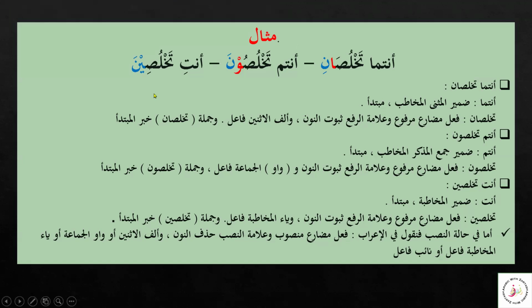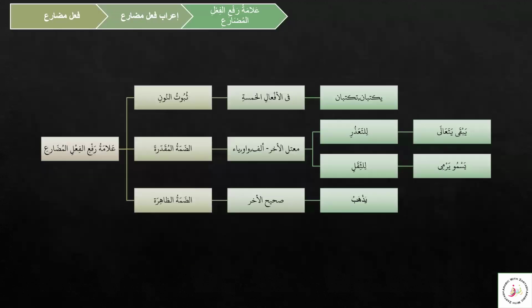Here you can see our second person feminine, anti takhlusina, the plural forms, and the dual form antuma and antum. So afal al-khamsa can have the subutun noon for the fi'l mudari marfu state.